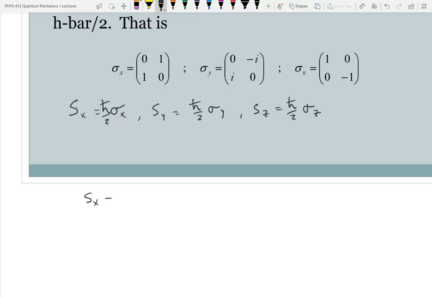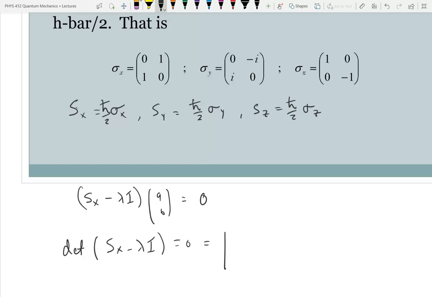Sx minus lambda 1, that's the relation we use, right? Our eigenstate relation. And then we say determinant of Sx minus lambda 1 equals 0, so for Sx, I'm going to have the h bar over 2.